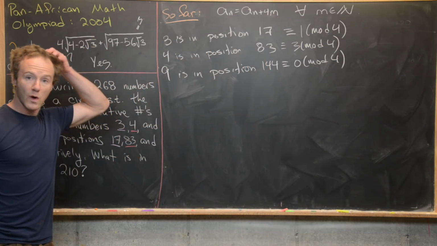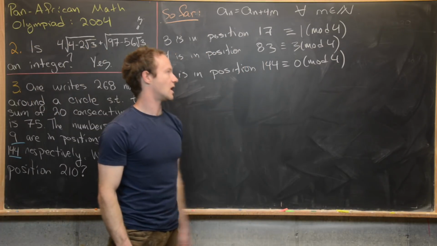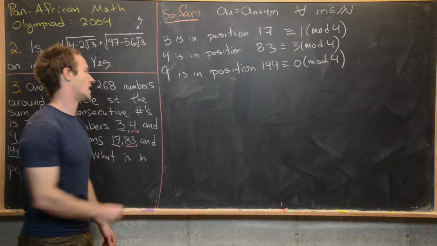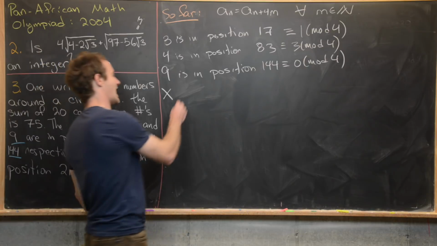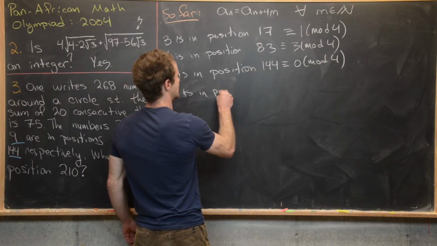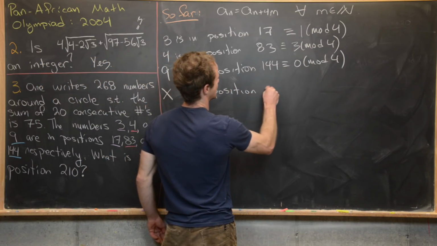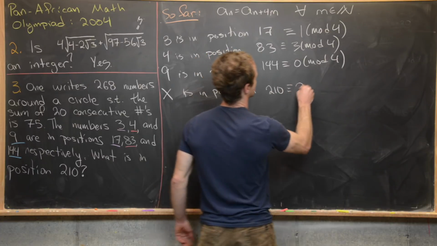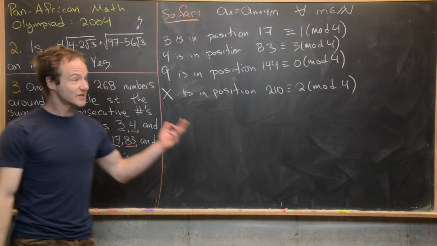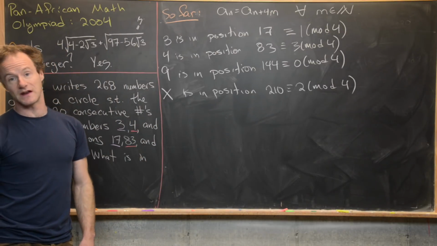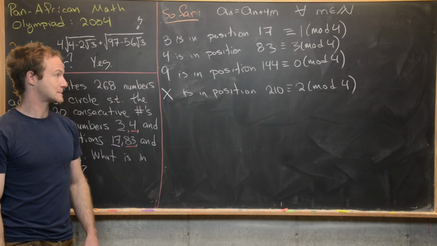So look, we know what numbers are in positions that are congruent to 0, 1, and 3 mod 4, but our unknown value, which I'll call x, is in position 210, which is congruent to 2 mod 4. So actually, there's a lot less to calculate than it might seem like at first.